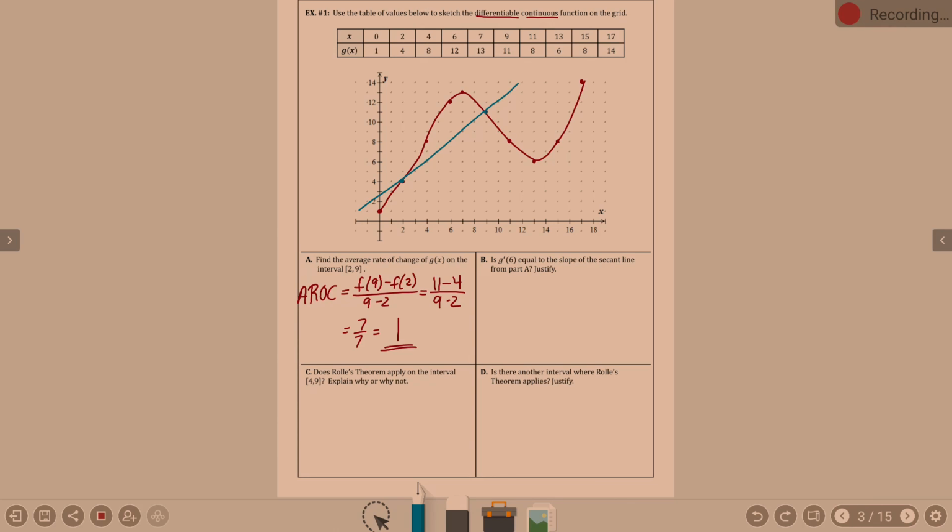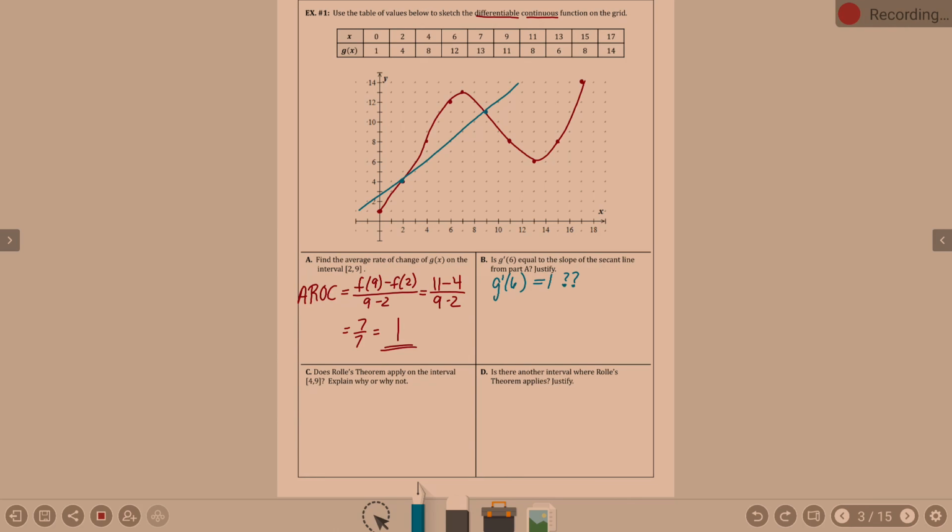Are you ready for part B? Yes. Is g prime of 6 equal to the slope of the secant line from part A? Justify. So we're trying to ask, is g prime of 6 equal to what my slope was in part A, which is 1? That's my question. Is g prime of 6 equal to 1?